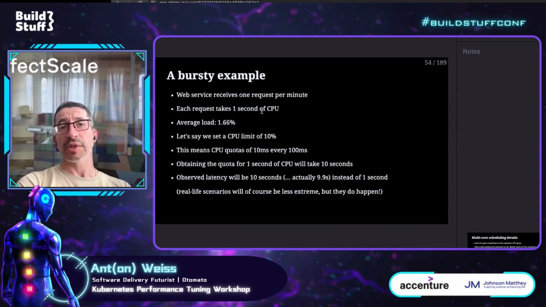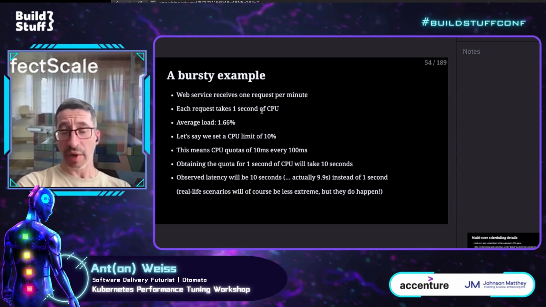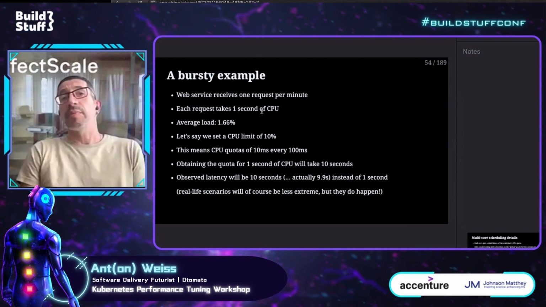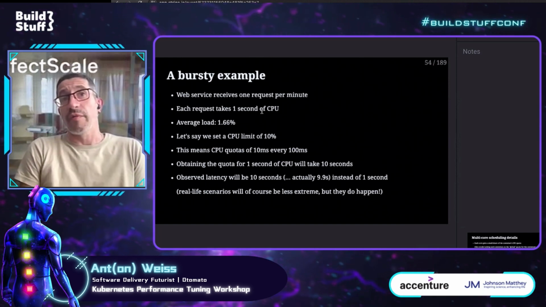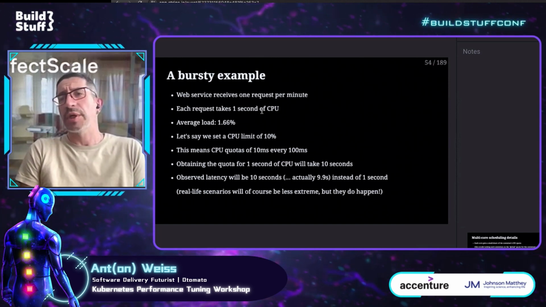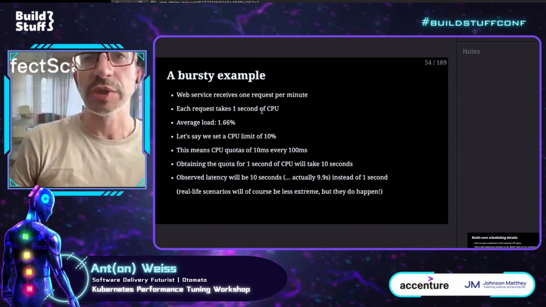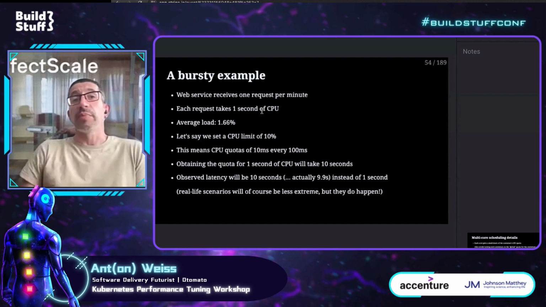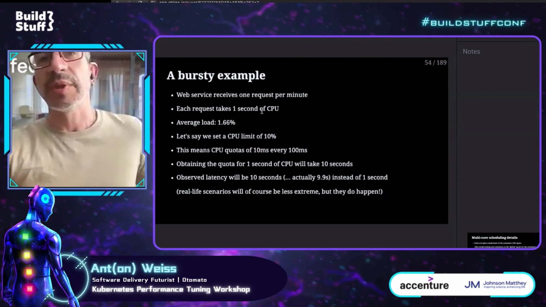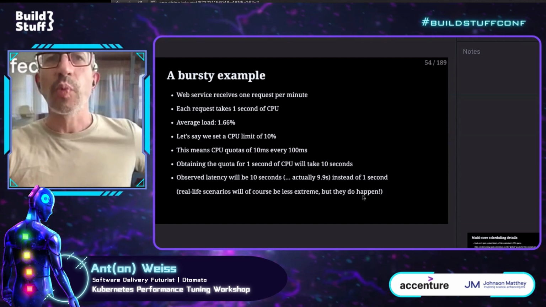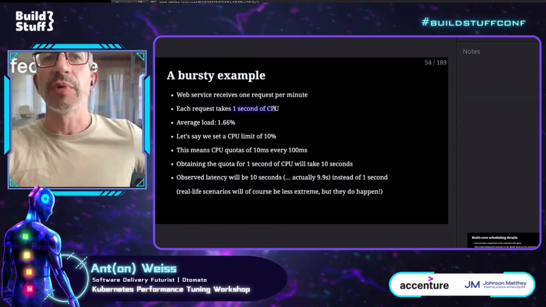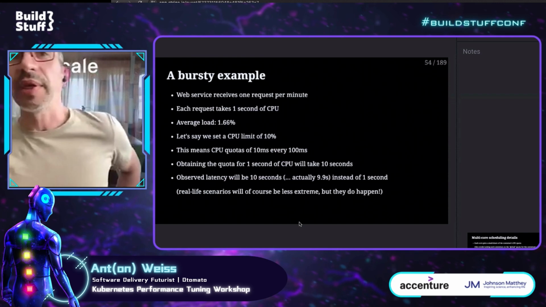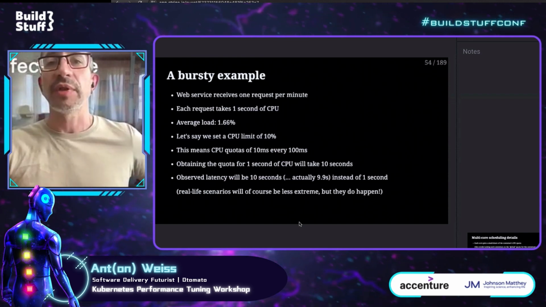That means that every 100 milliseconds, we'll get a quota of 10 milliseconds. And that means that obtaining that quota for a full 1 second of CPU will take 10 seconds. So we'll need to wait each time that we need more CPU. And that means that the observed latency for the request will be 10 seconds instead of the 1 second that it should actually take. Of course, in real life, the scenarios will be less extreme, but they definitely do happen.